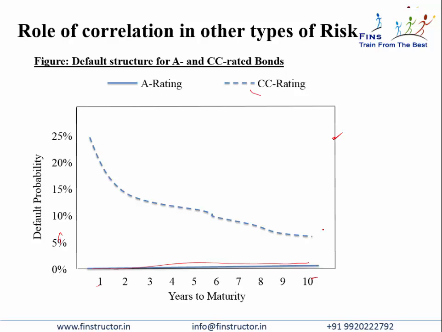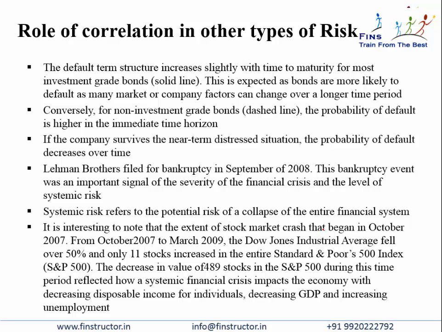But of course, for speculative grade bonds, for CC rated bonds, we've seen slightly different probabilities. For non-investment grade bonds, the probability of default is higher in the immediate time horizon, and in the longer term things are assumed to be better, or more normalized. That is, if the company survives the near term distress, probability of default decreases over time.